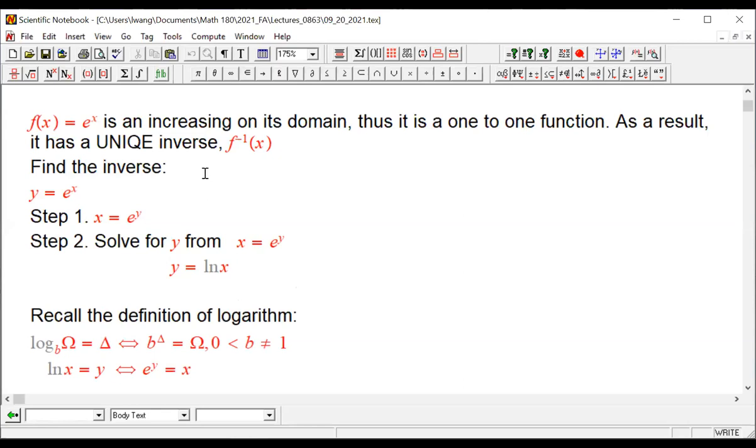So next, we're going to call this function f inverse equals ln x. At the same time, domain and range is already set for it, right? What is the domain for f of x equal to e to the power x? What's the domain for that? Can you guys tell me?